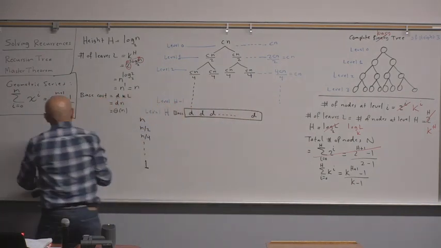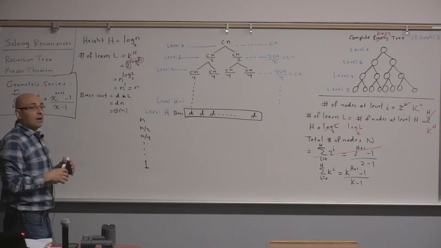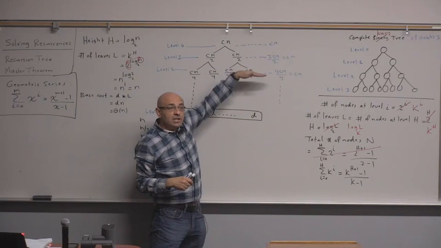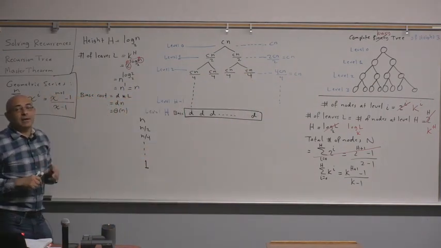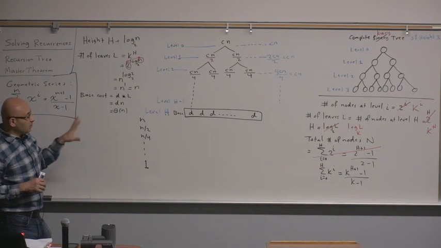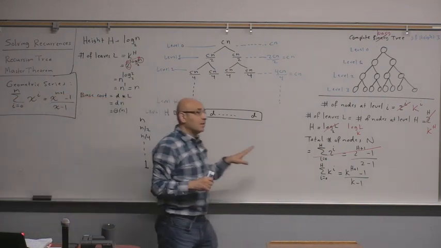Again, what this analysis is telling us is that the number of operations at each level is the same, so we can simply multiply this by the height. Then we will do an example in which we cannot just multiply.